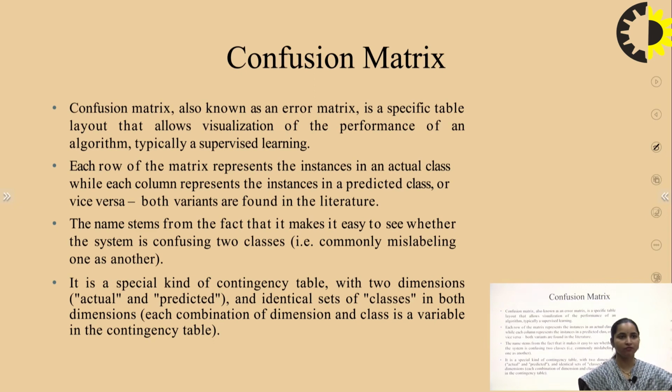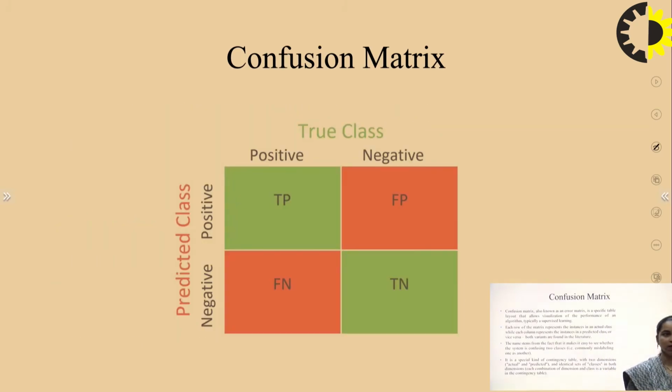It is a special kind of contingency table with two dimensions, actual and predicted, and identical sets of classes in both dimensions. Each combination of the dimension and the class is a variable in the contingency table.